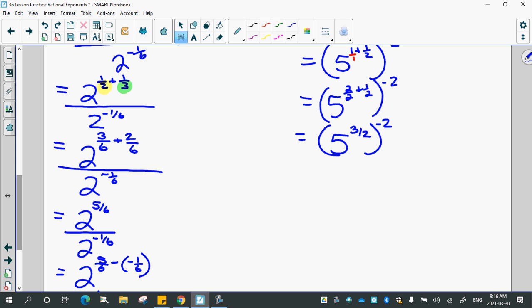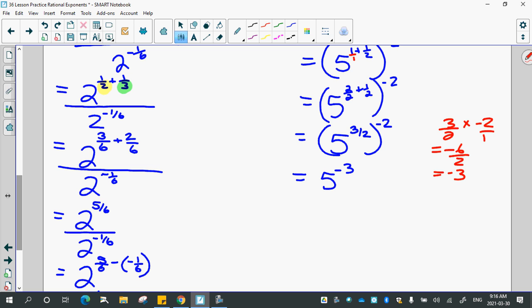Okay, what's the rule when you have a power to an exponent? Keep the base and multiply. So 5 to the negative 3. So 3 over 2 times negative 2 is negative 6 over 2, which is negative 3. Everyone agree with that? I'm just multiplying the exponents.